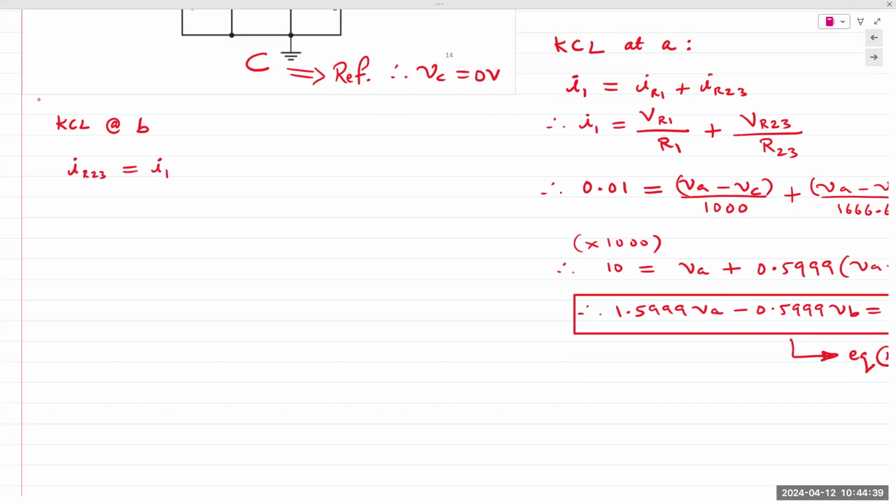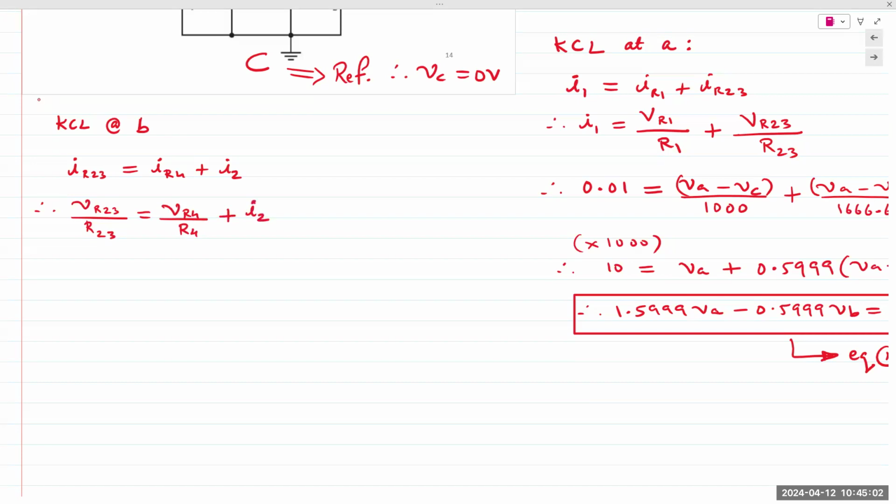I have IR4 leaving. And I have I2, the current source, also leaving. Apply Ohm's law, and I obtain VR23 divided by R23 equals VR4 divided by R4 plus my current source, I2.